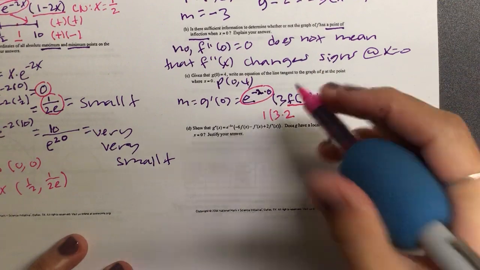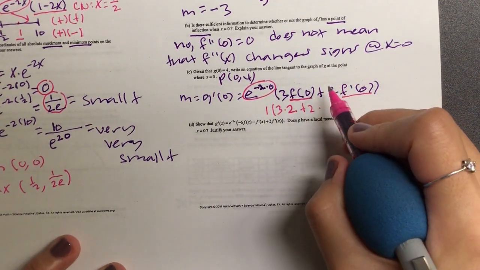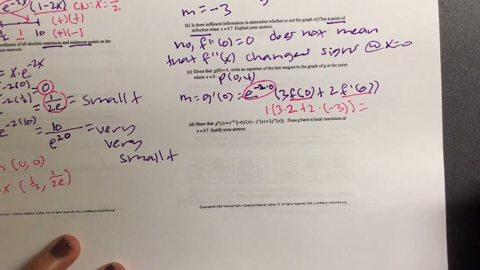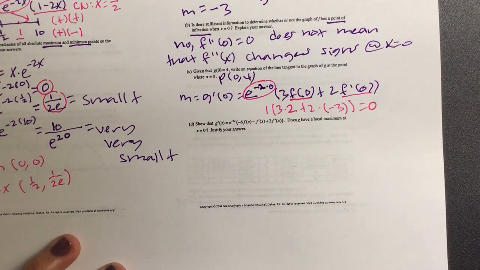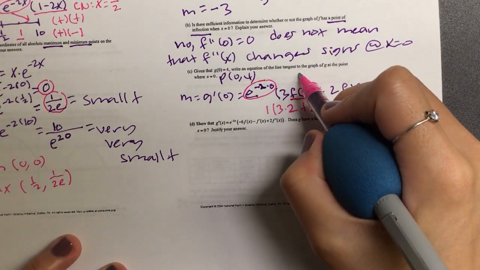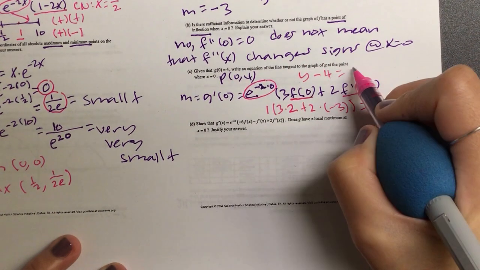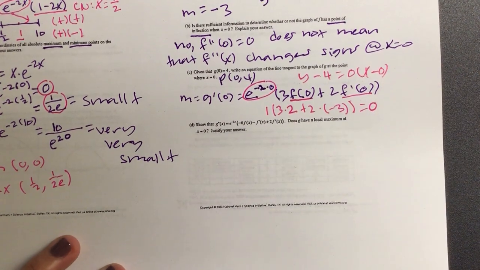Very good. And then we have plus 2 times, what's f prime of 0? Negative 3. If you were to compute this, what do we get? 0. So now let's write our point slope formula. We got y minus 4 is equal to my slope 0 times (x minus 0). And just leave it like that.